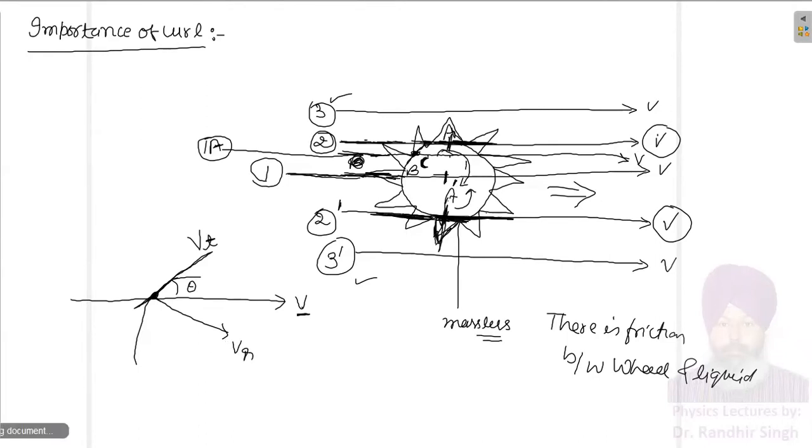Just like streamline 1, which was passing through the center of the wheel, cannot rotate the wheel, in the same way the radial component of the velocity v cannot produce any rotational effect. A tangential component of the velocity v can produce a rotational effect. Now if this angle is theta, Vt is actually v cos theta.